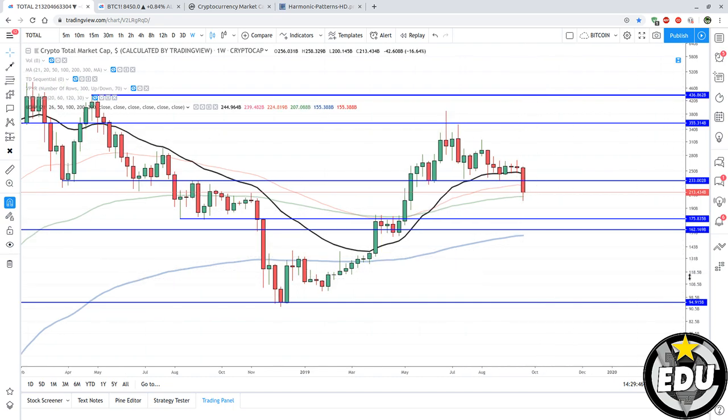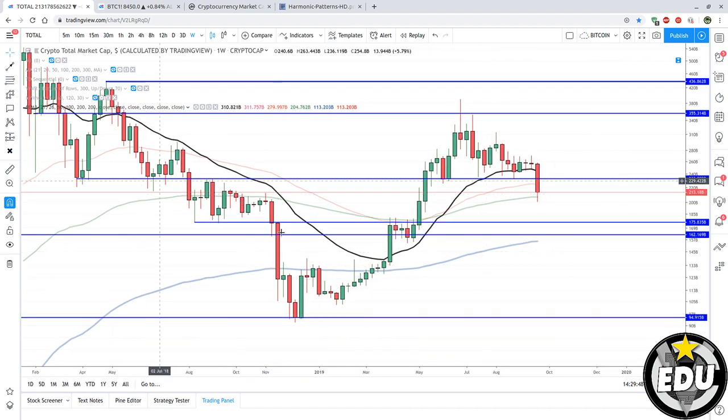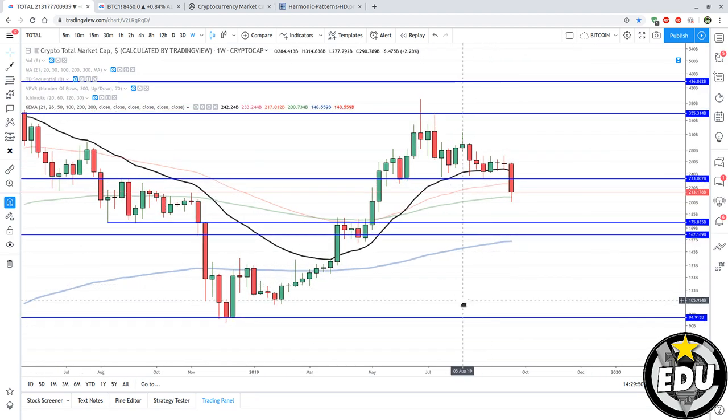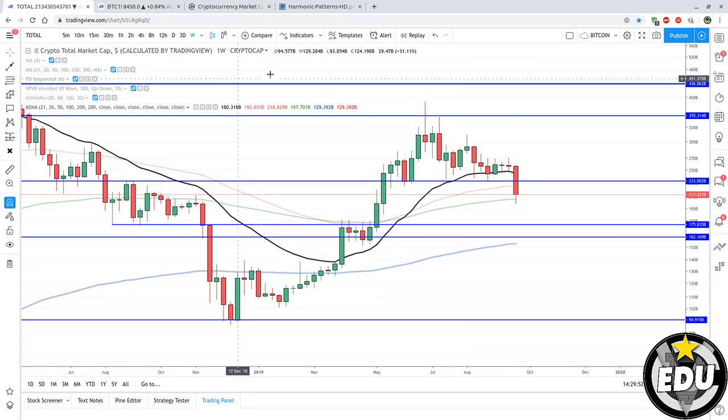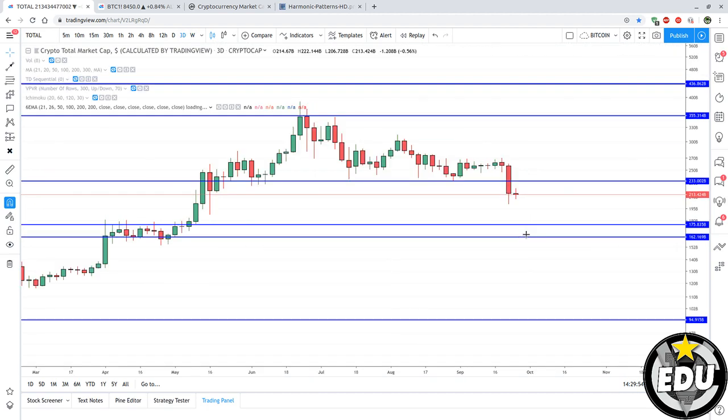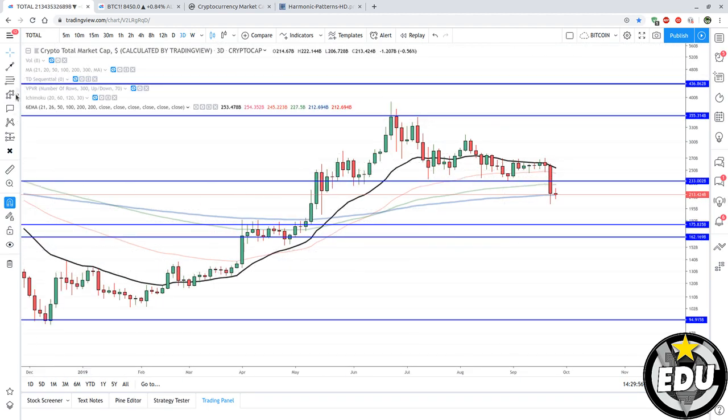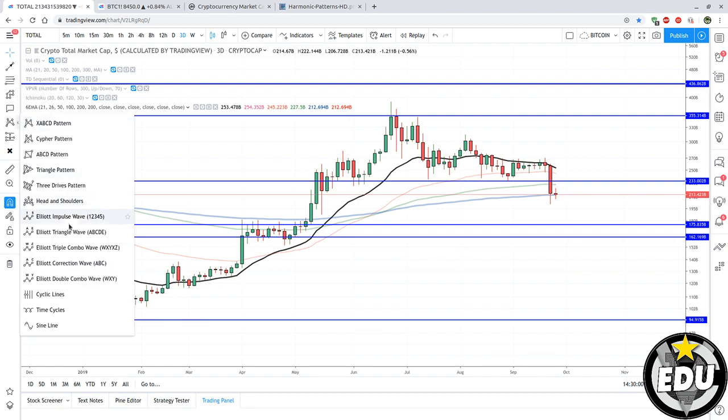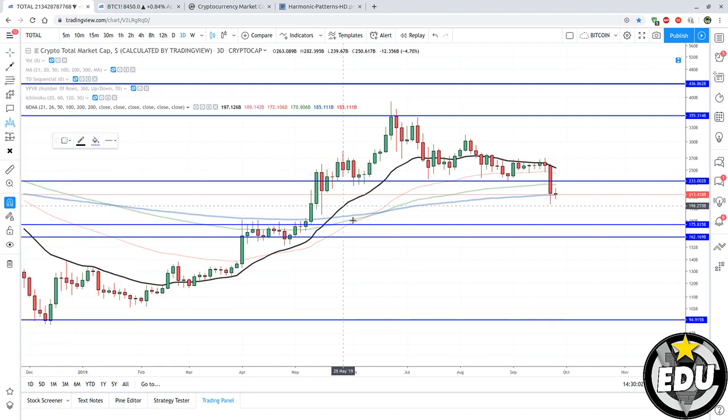There's also something that might look similar to a head and shoulders. Where is it? Head and shoulders.